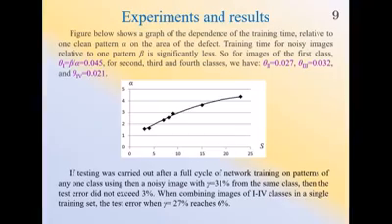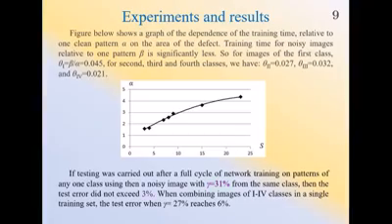For the second, third, and fourth classes, we have 0.027, 0.032, and 0.021 correspondingly.